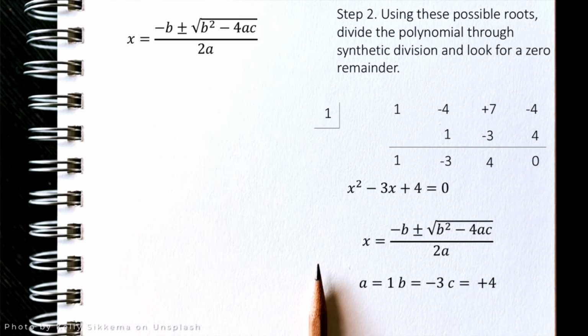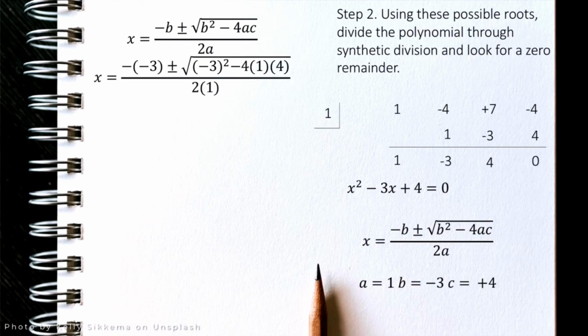And then by substitution, we're going to plug in the values of a, b, c into the formula. And it will look like this. And then simplify. Negative times negative 3 is positive 3, and then negative 3 squared, that is negative 3 times negative 3, is positive 9.